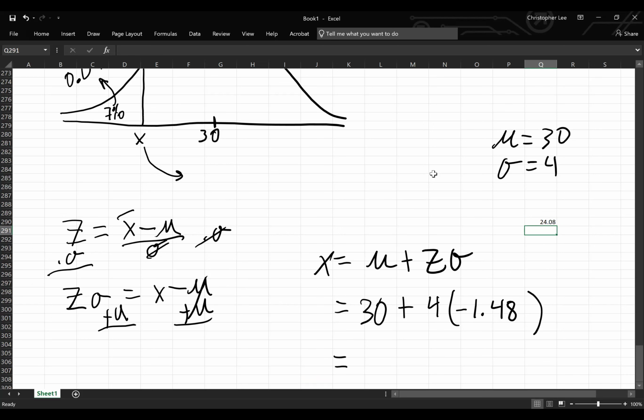And that's it. 24 months and a couple of weeks. 24.08. And that's it. Questions on this? So we're given the mean, we're given the standard deviation. We just have to figure out the Z accordingly from the question, and then that's it.